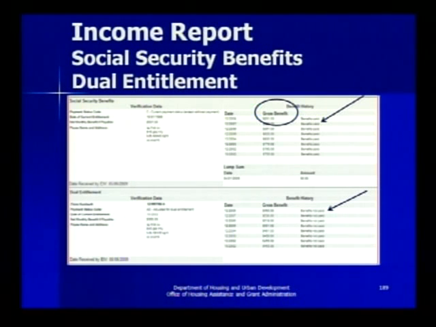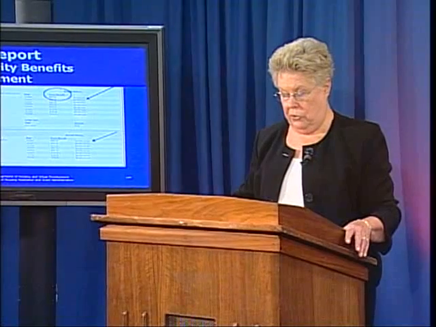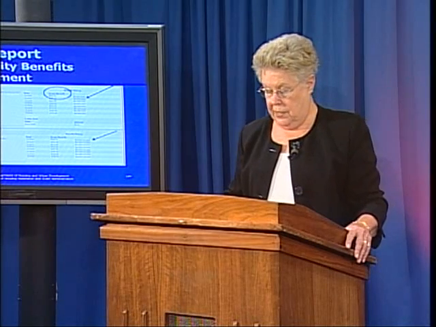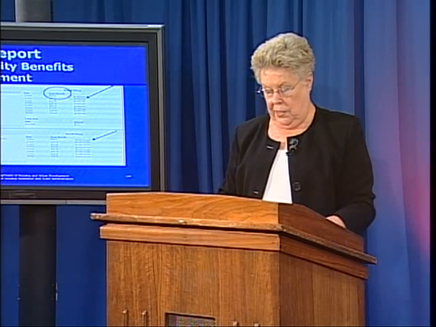The bottom part of the screen is the benefits that are paid for dual entitlement. And dual entitlement is when the tenant receives their benefits on behalf of somebody else. For instance, a wife may be receiving benefits on her deceased husband. So that's what your dual benefits section is for.